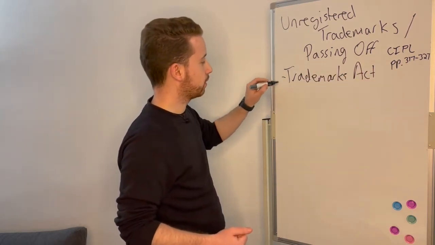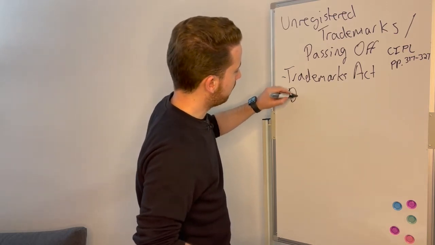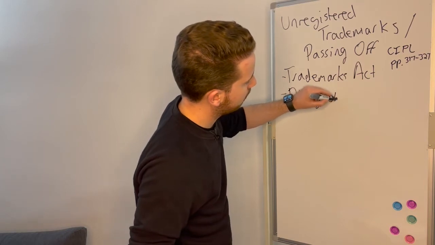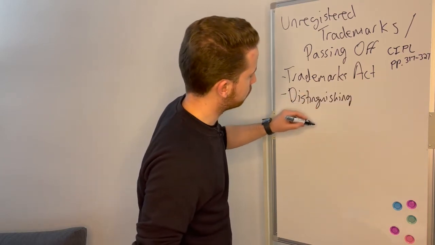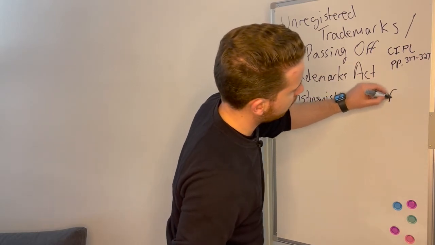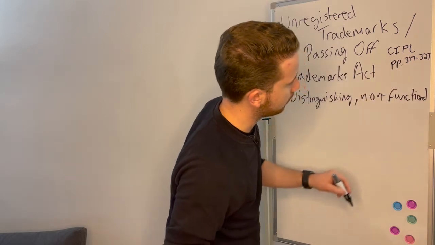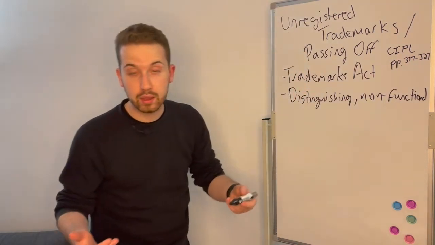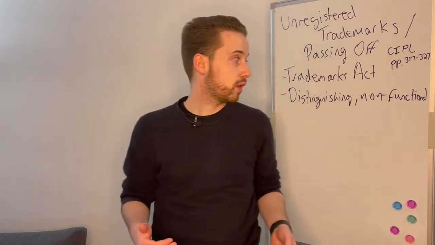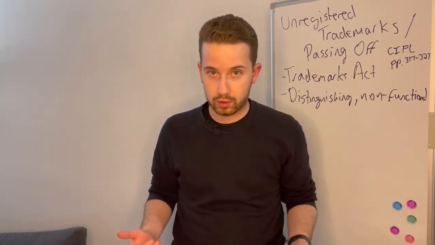More specifically, it's going to be a distinguishing feature that is non-functional. This distinction that we elaborated in the section on industrial designs is helpful here because, again, we're not concerned with functional characteristics.